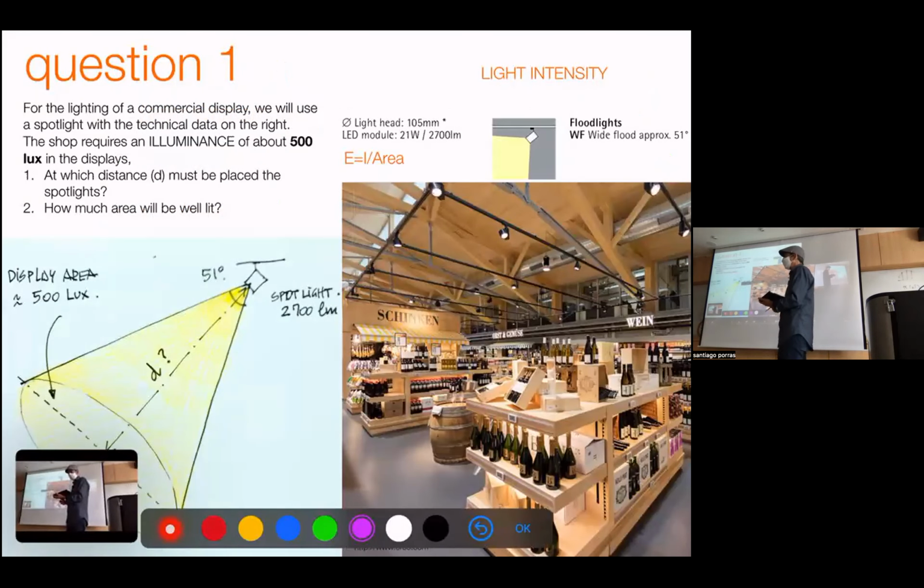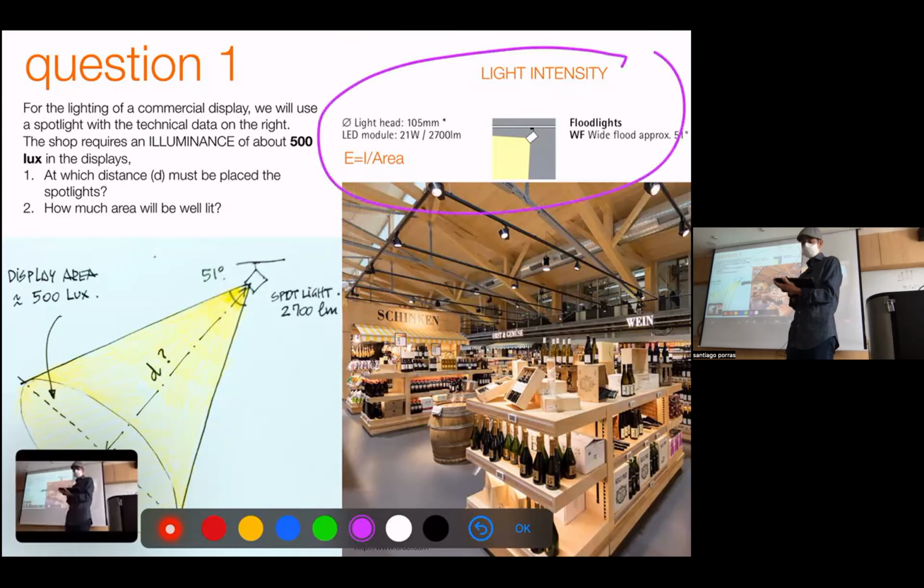So let's have a small exercise all together. We have a commercial light, right? We know it is 21 watts and has 2700 lumen. This is I, right? It has an angle of 51 degrees.